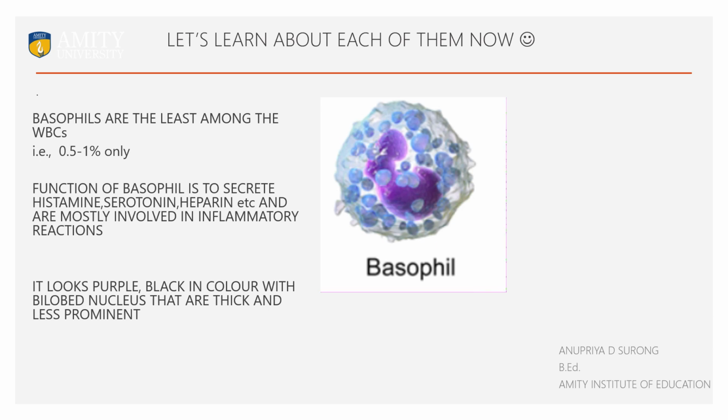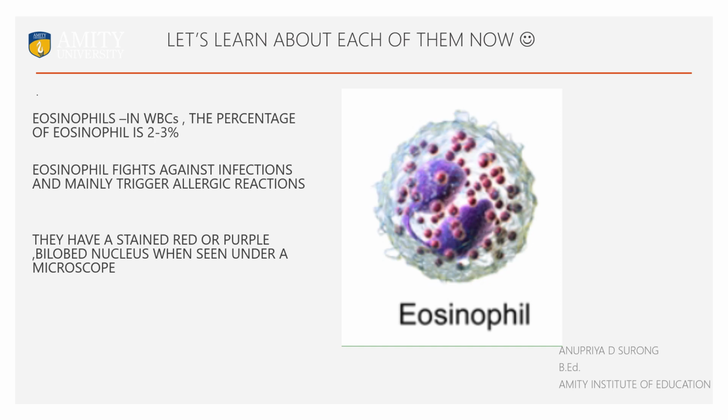Okay, so how can we identify basophils? Under a microscope, basophils look purple-black in color with bilobed nucleus that are thick and less prominent. Eosinophils. In WBCs, the percentage of eosinophil is 2 to 3%, and eosinophil fights against infections and mainly trigger allergic reactions.